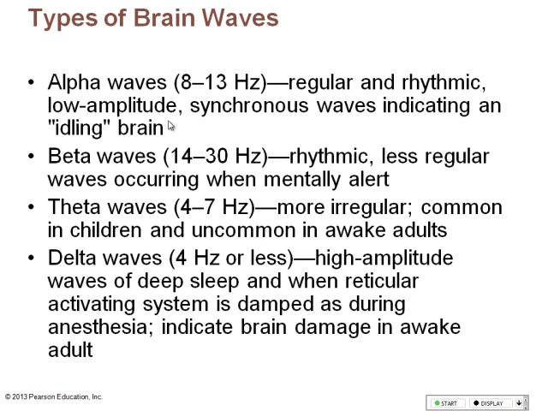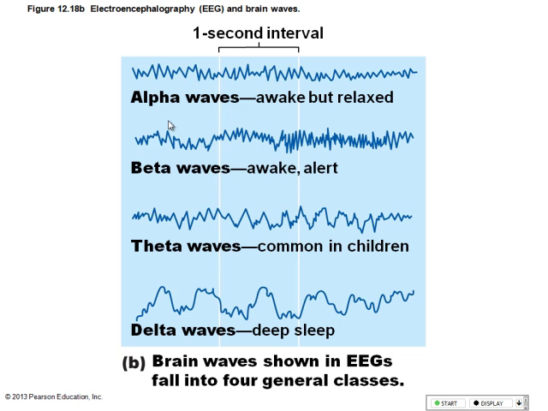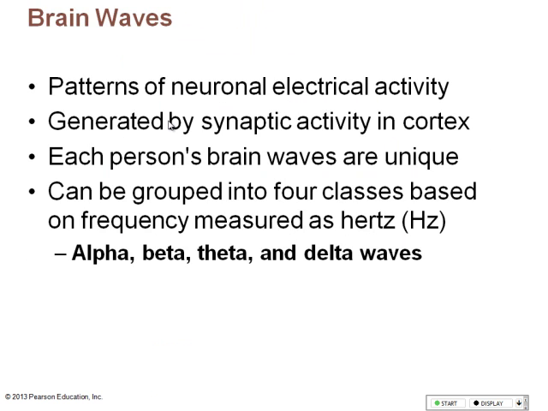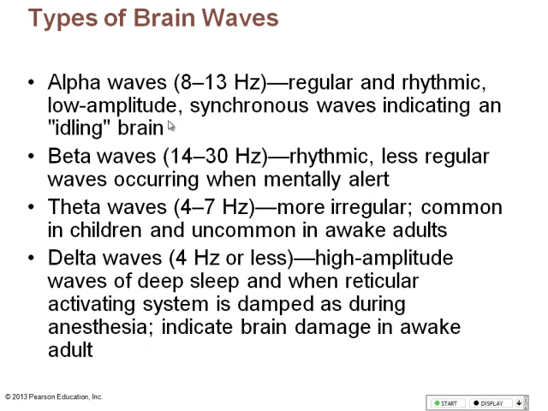And we see alpha there. We can see this on page 453 in your textbook. So, regular rhythmic, this is when we say your brain is kind of in idle.